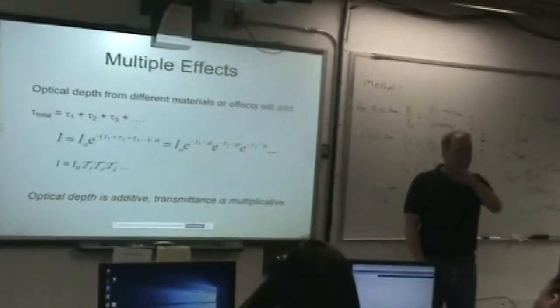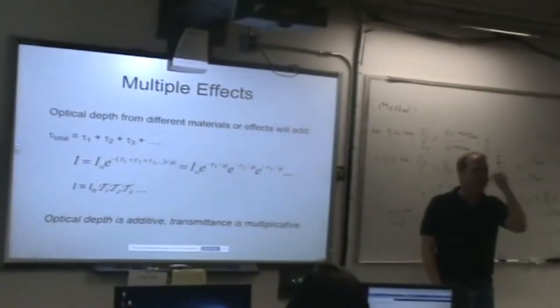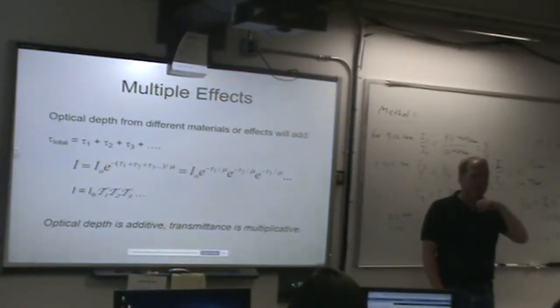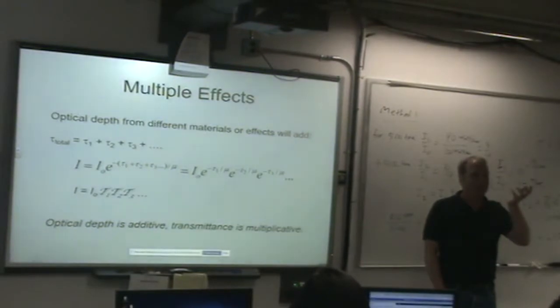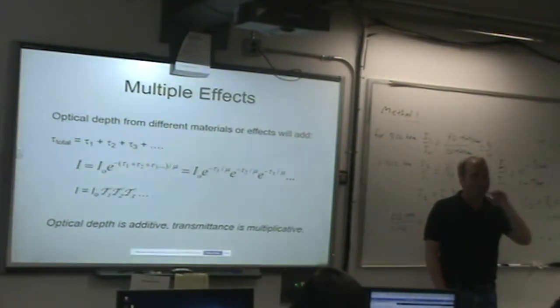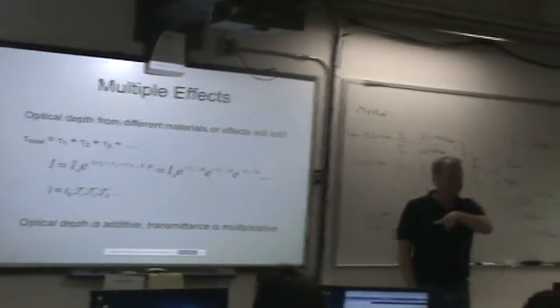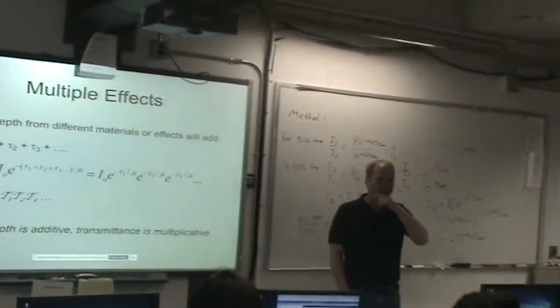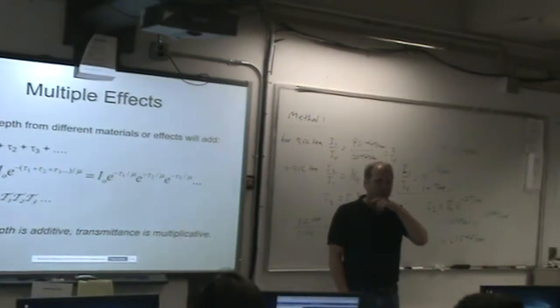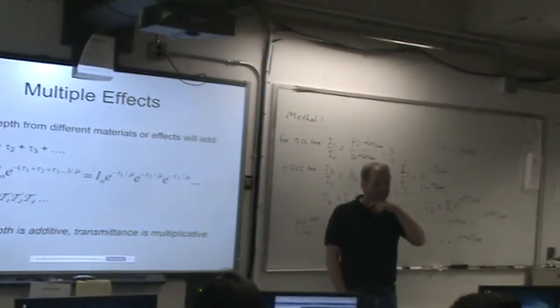You can add up the optical depths, but what happens to the amount of light that gets through? It multiplies. So 1/3 times 1/2 is 1/6. 1/6 of the light would get through, so less than 20%.